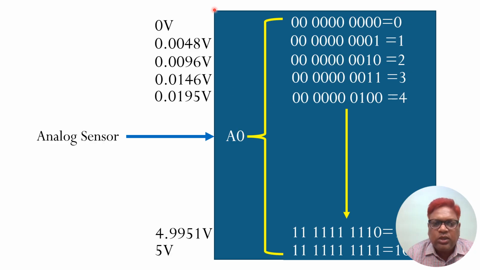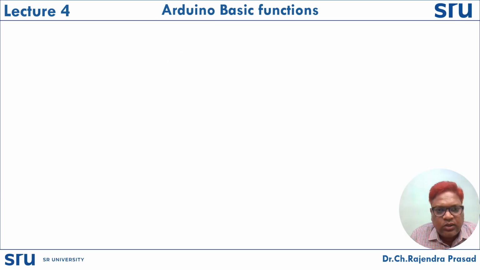So we have a total of 1023 possible voltage steps accepted by A0, and corresponding digital decimal numbers are received by the Arduino UNO. This is the operation of all analog inputs. Similarly, you can consider A1, A2, A3, A4 and A5.